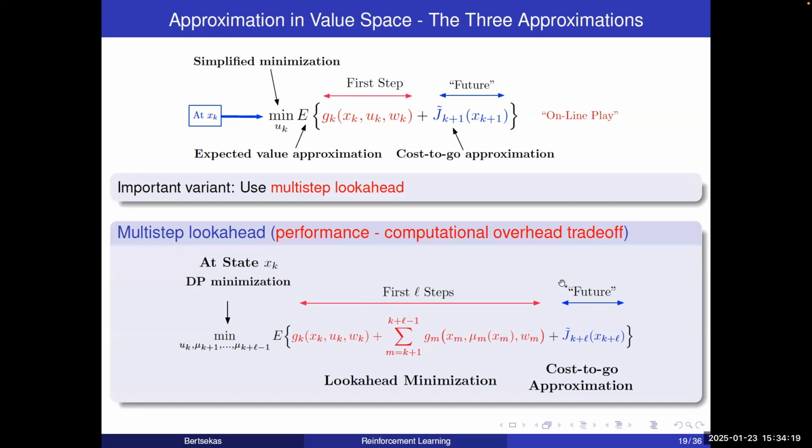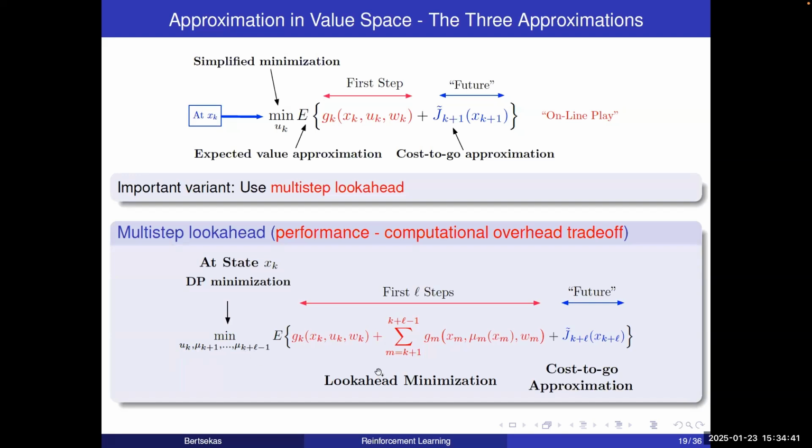So for L equals 1, we obtain this picture here. For L greater than 1, we obtain this picture here. And what we do here at the state xk, we solve this minimization problem that involves an optimal control for the current stage and also optimal policies for the remaining L-1 stages.